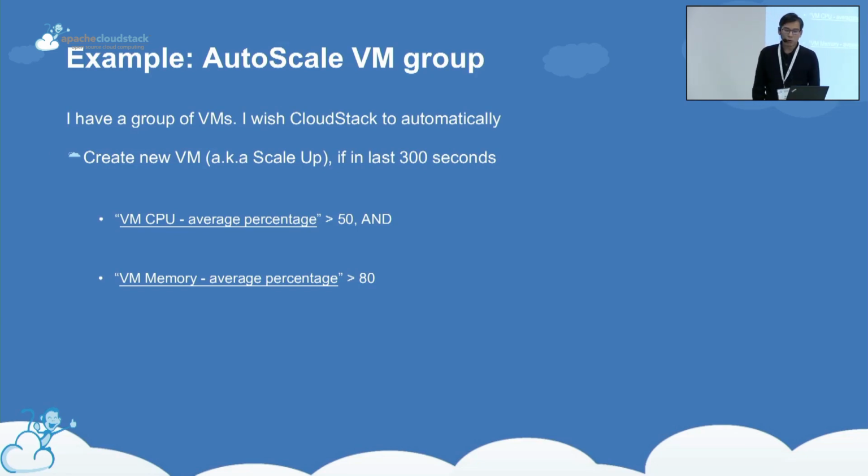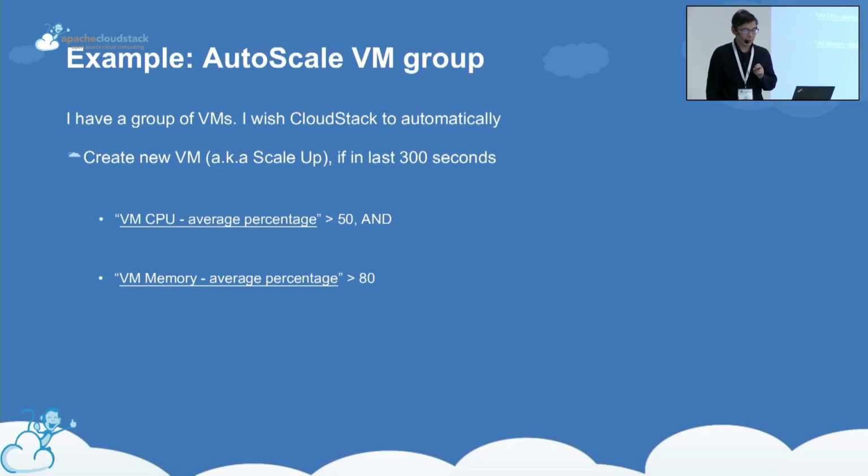So I have a group of VMs. I wish CloudStack to automatically create a new VM, also known as scale up, if in the last 5 minutes the average CPU usage of the existing VMs is larger than 50%.